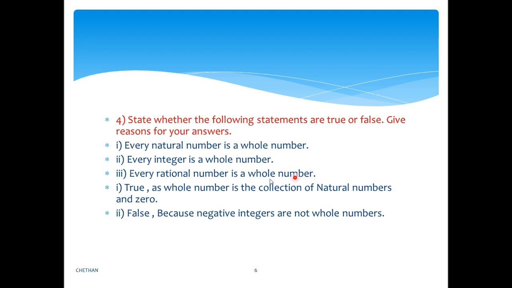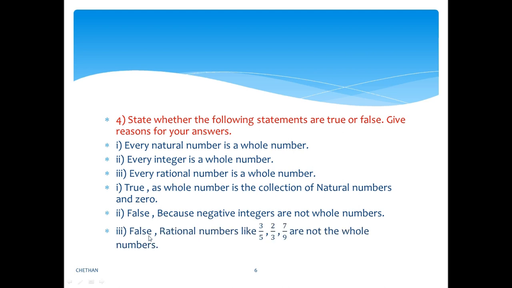No, this is also a false statement, because in the whole number group again we have only natural numbers and 0, but in rational numbers we have fractions and also negative fractions and negative numbers, while in the whole number group we have only positive numbers and 0. So the third statement is also false.